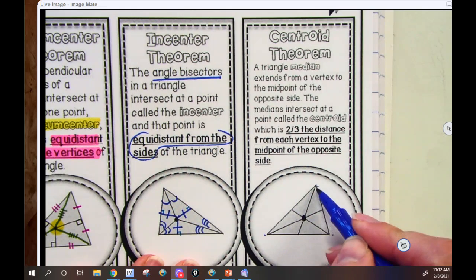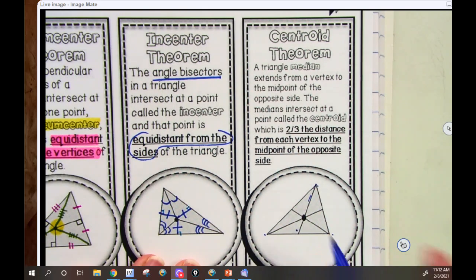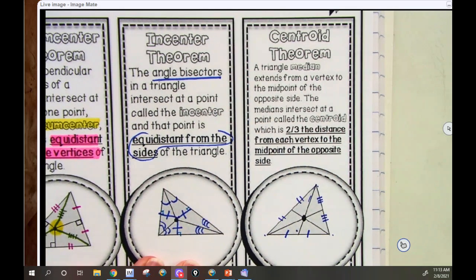What's happening this time is that we've got a line that comes from a vertex and goes straight across to the median on the other side, which means it splits it in half. Splits it in half. Splits it in half.